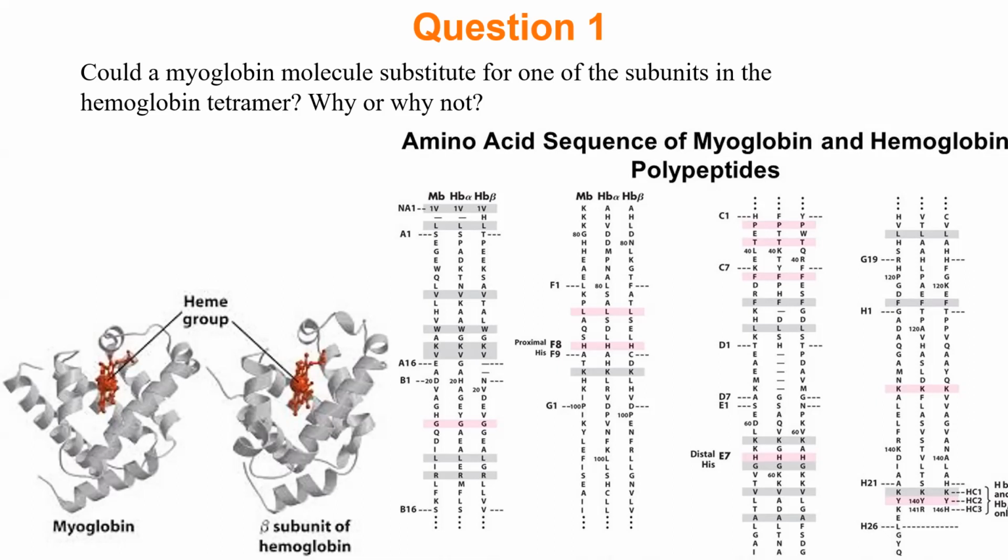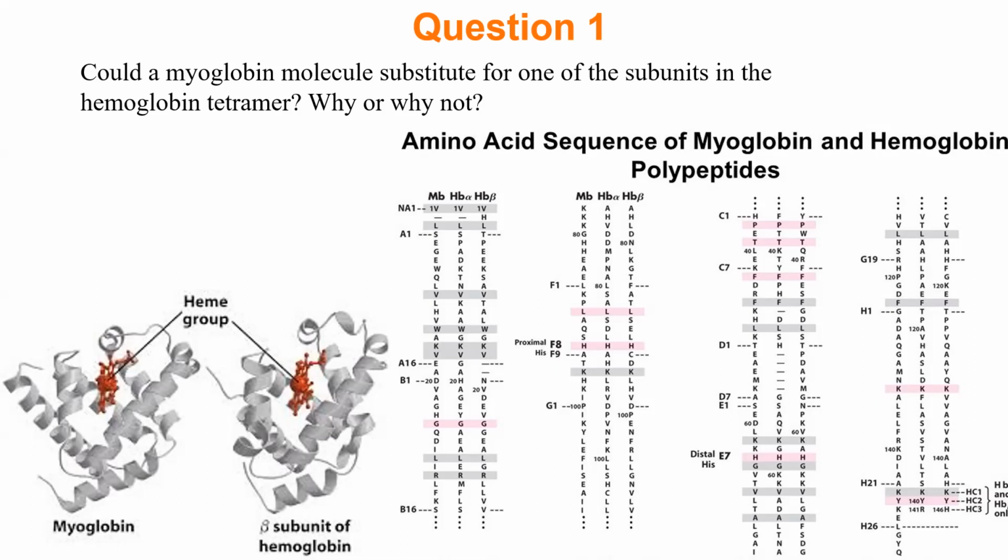You could not substitute a myoglobin for a hemoglobin. And the reason for this is that even though they look the same, people were correct in saying that the surface charges of the myoglobin matter. They do matter a lot when it comes to hemoglobin.